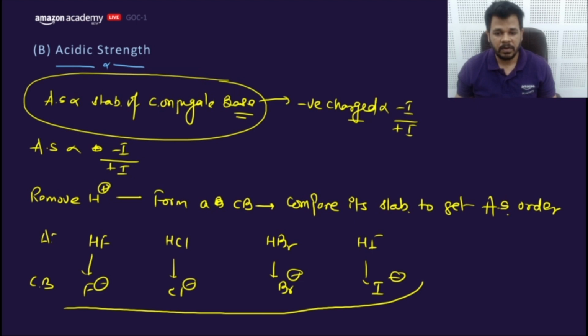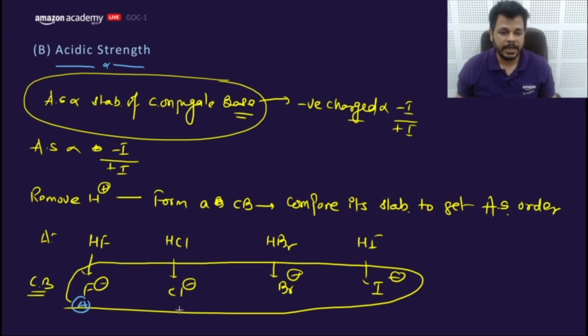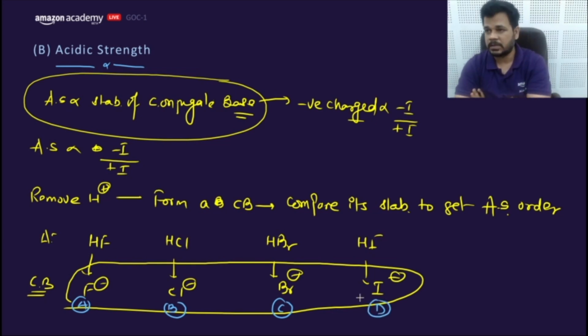Compare the stabilities of these four conjugate bases which are negatively charged. Can anyone compare the stability? Which is the most stable negative charge here, F minus, Cl minus, Br minus, or I minus?